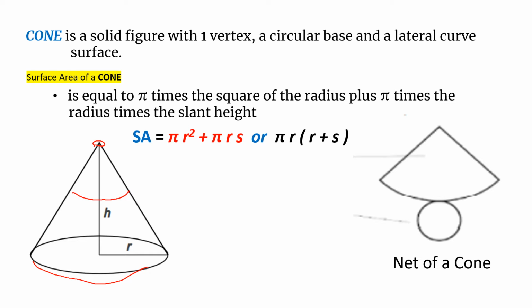On the other side, sa kabilang drawing, ito naman yung net of a cone. Na kapag binuka natin yung figure of a cone, ito ang lalabas. So, again, let us now continue. Let us have a sample on how to get the surface area of a cone using formula SA equals pi r squared plus pi rs, or pi r times the quantity r plus s.